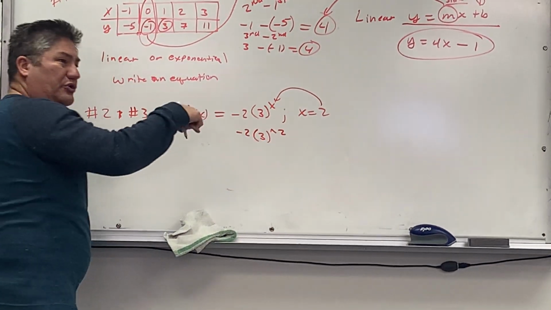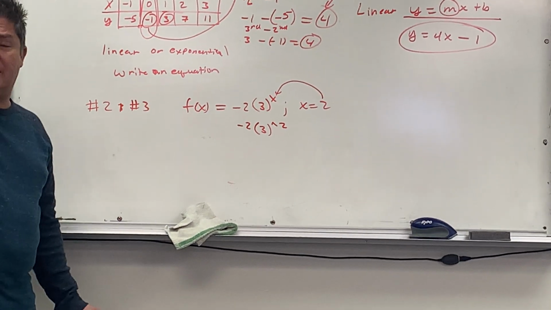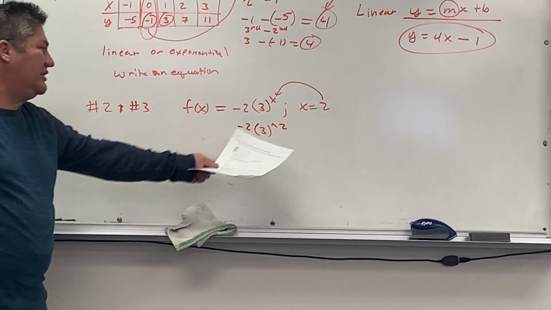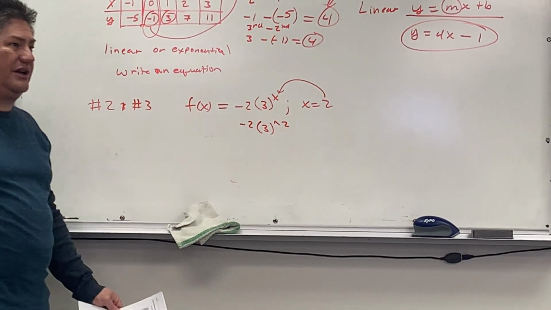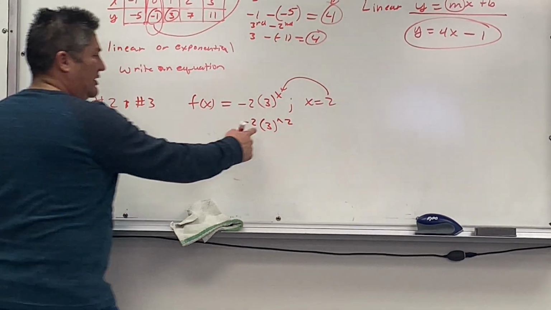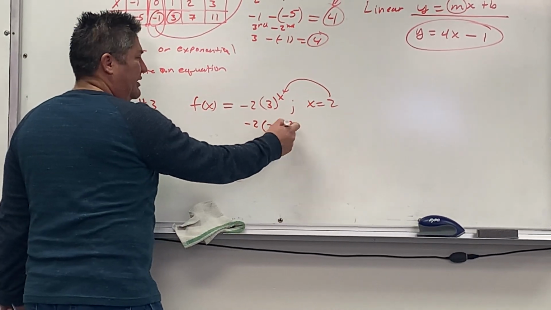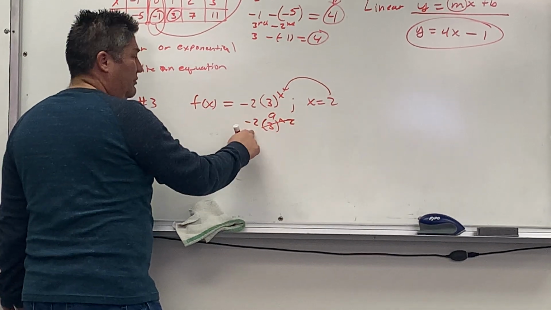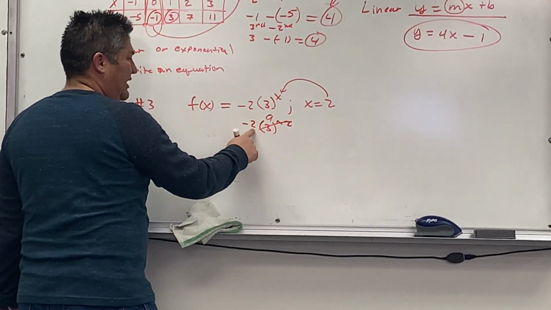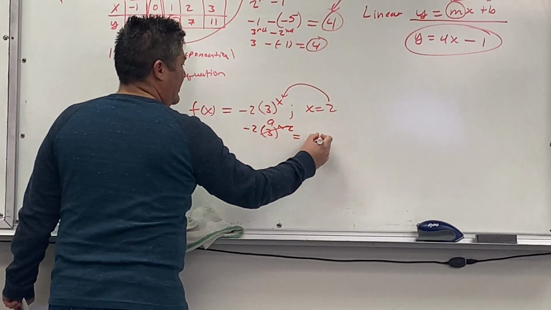Some kids just put a 2 on the outside. They forget to hit that caret key, and then it won't raise it to an exponent, it'll times it by 2. I don't want to times it by 2, I want to raise it to the second power. You got it? Now really this means 3 raised to the second power, 3 squared is 9. 9 times, because you do exponents before you do multiplication, 9 times -2 is -18.